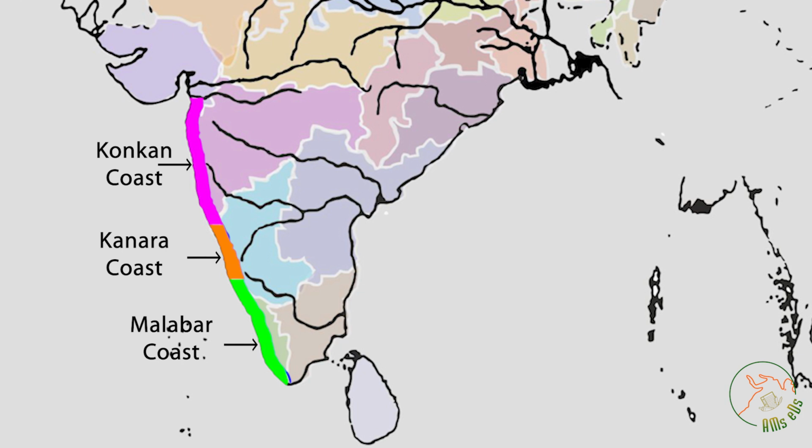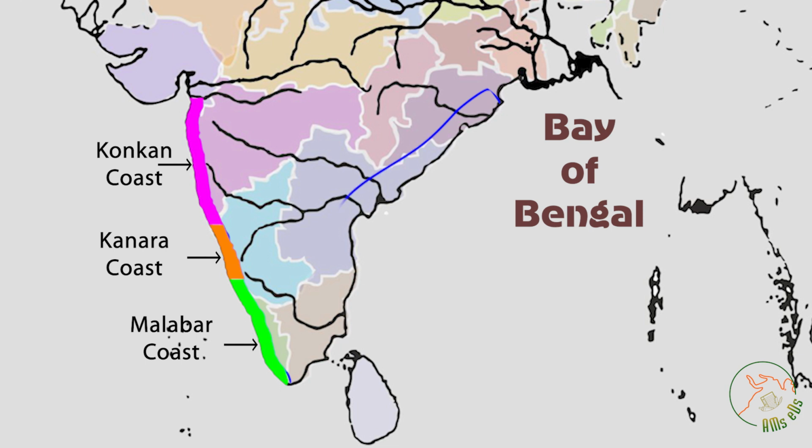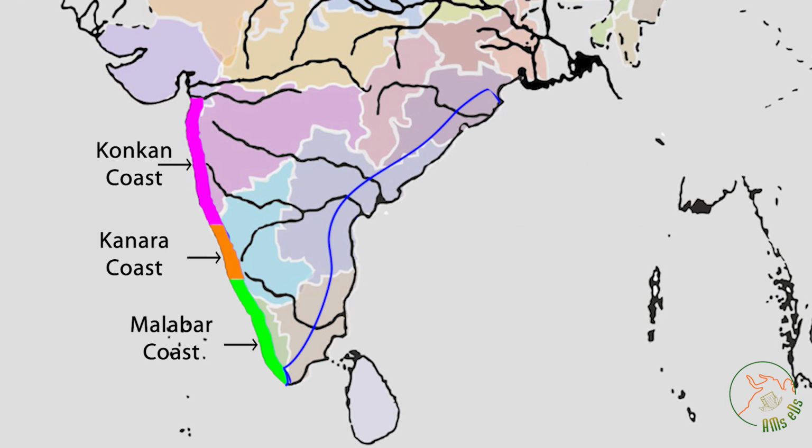The eastern coastal strip lies between the Bay of Bengal and the Eastern Ghats. It has 2 sections. It stretches from the mouth of the Ganges to Kanyakumari.